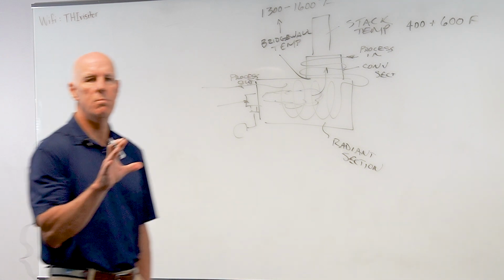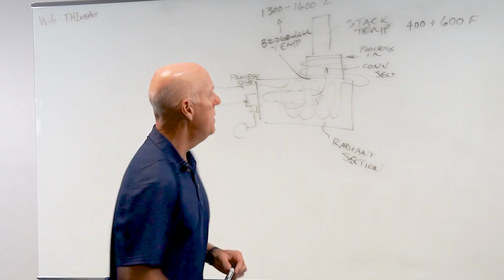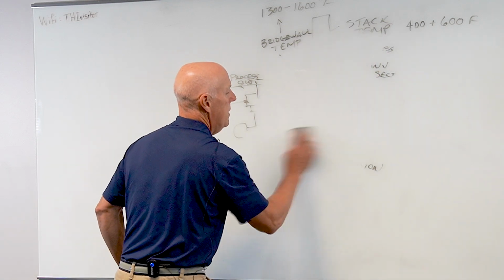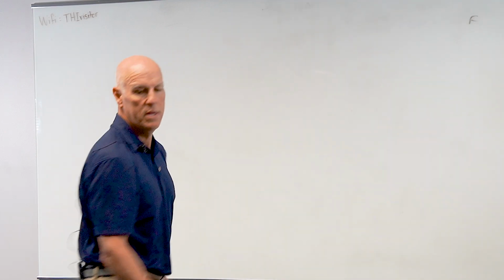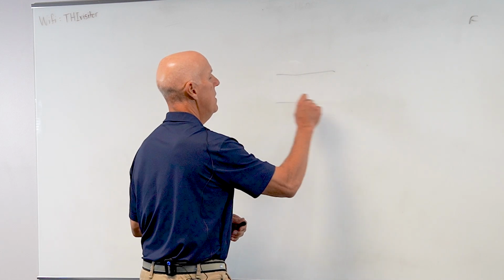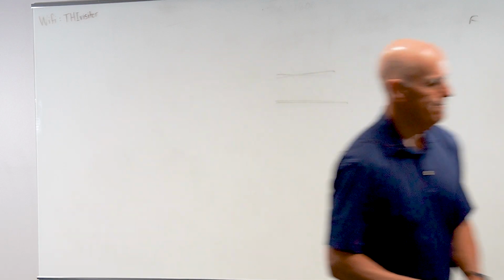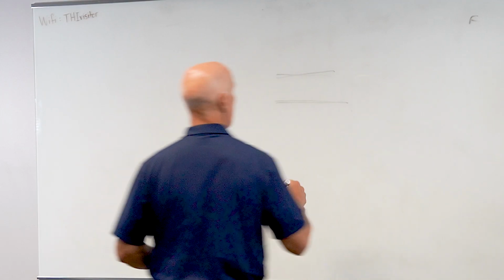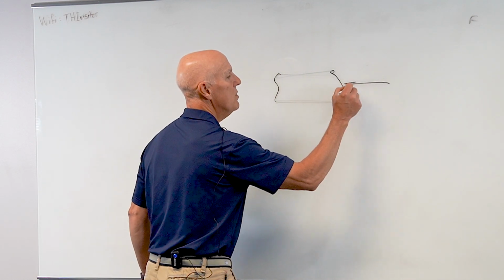Let's talk about process temperatures. I'm going to erase this first. Okay, so process temperature, let's draw a pipe. I think I'm going to have to get a different marker. Let's draw a pipe, and in this pipe, I've got fluid flowing through it, right?